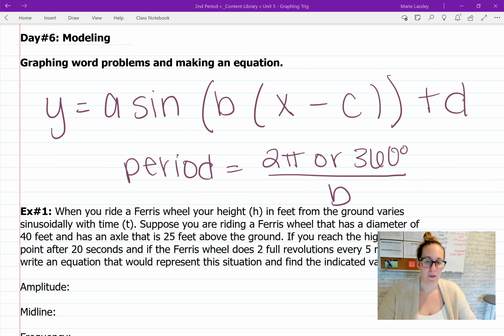Okay, so we've written this many times, and like I said, you could also have it be cosine. It's the same equation though, so I'm not going to write it twice.